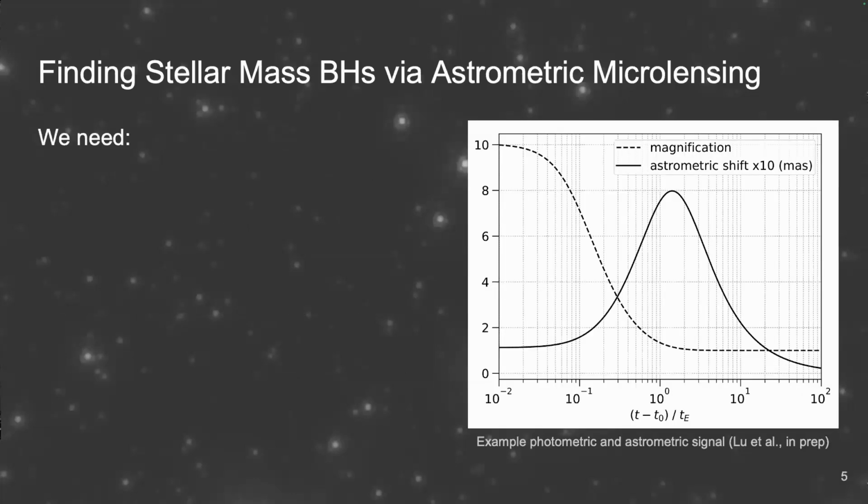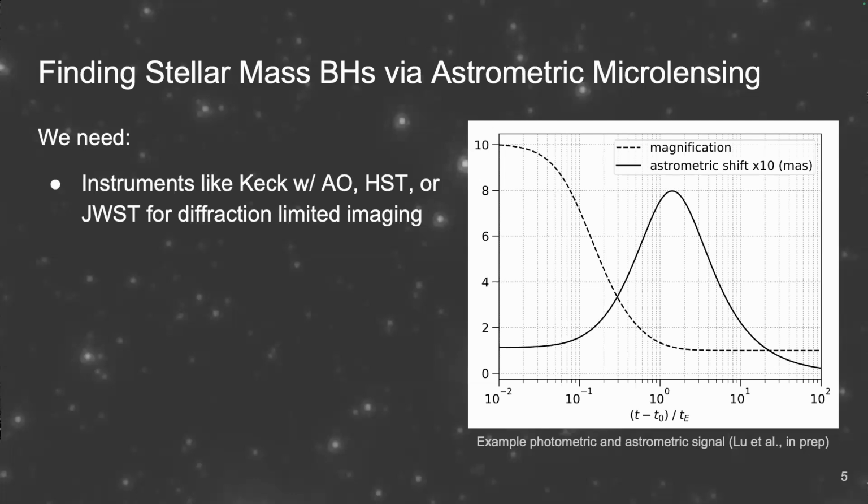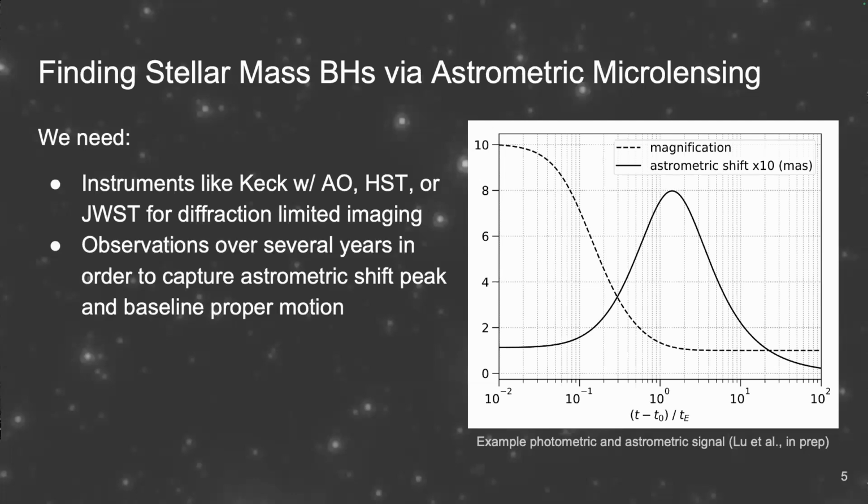So with astrometric microlensing, what we need is the best astrometric measurements that we can get. So this involves instruments like Keck with adaptive optics, or space telescopes like Hubble or JWST to get diffraction limited imaging. And this curve here shows the timescales of microlensing events, where the dashed line is the magnification of a microlensing event. So we detect these events while they're ongoing photometrically and try to pick up and start our astrometric observations while they're on the downhill of that slope.